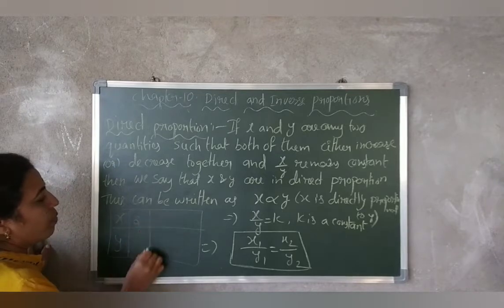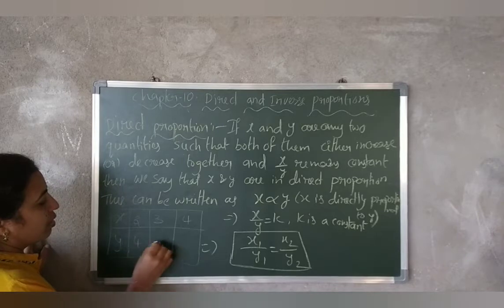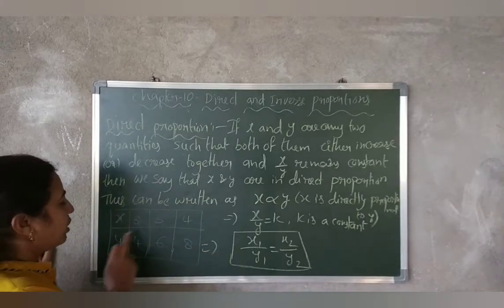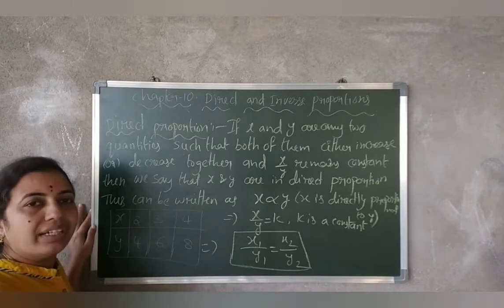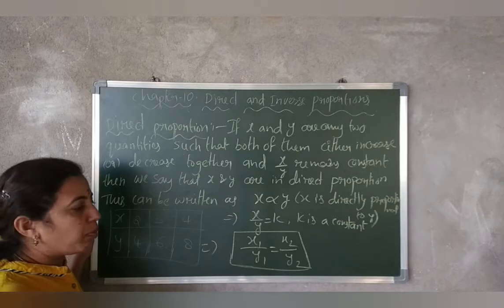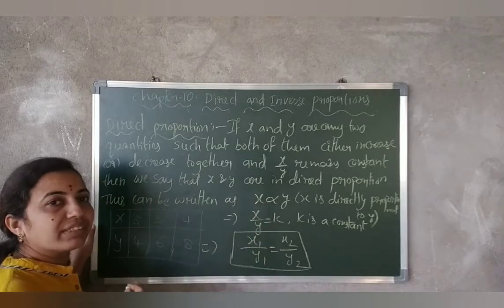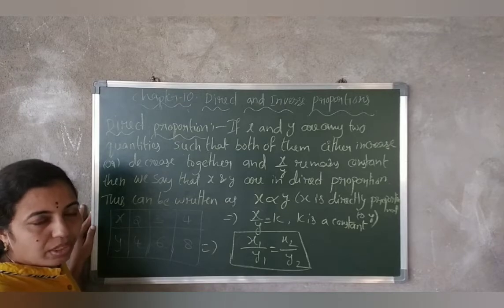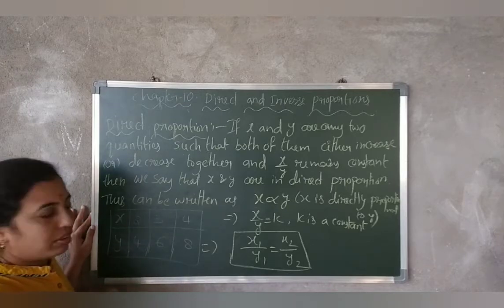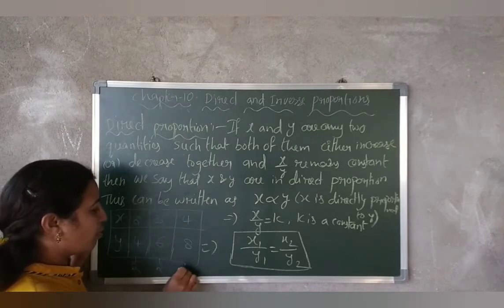see, 2, 3, 4. Like this they have given x values and y values, and asked you whether they are in direct proportion or not. What you have to do? For direct proportion, you should find x by y, whether x by y is constant or not. 2 by 4, 1 by 2, 3 by 6, 1 by 2, 4 by 8, 1 by 2.